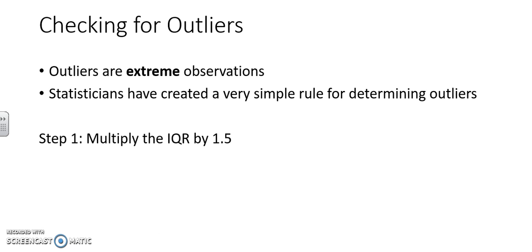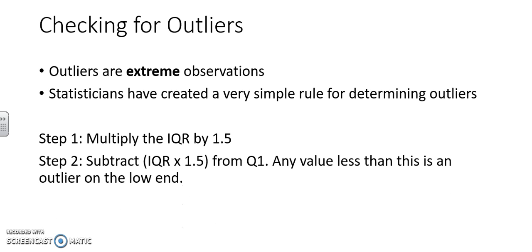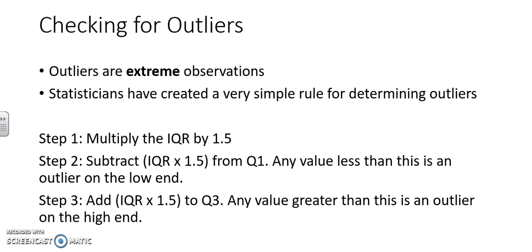To find the outliers, you multiply your IQR by 1.5, you subtract it from your Q1, any value lower than that value you get will be an outlier. You also add that value to Q3, any value greater than this is also going to be an outlier. So let's take a look at this on our practice problem.